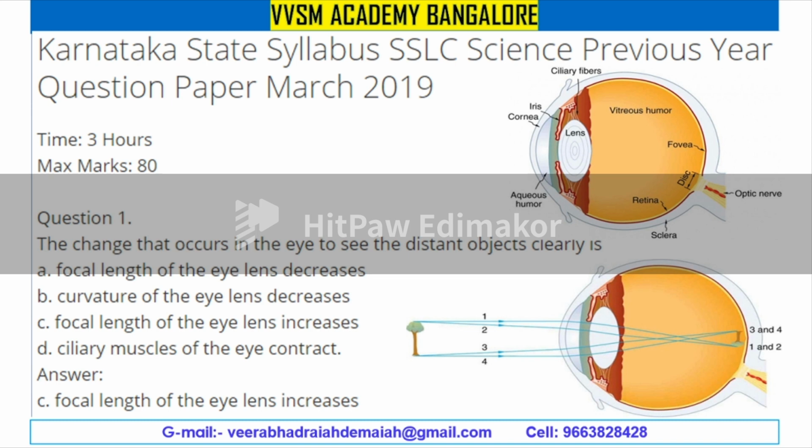Human eye is one of the most valuable and sensitive sense organs. It works on the reflection of light through a natural convex lens made up of transparent living material and enables us to see things around us.